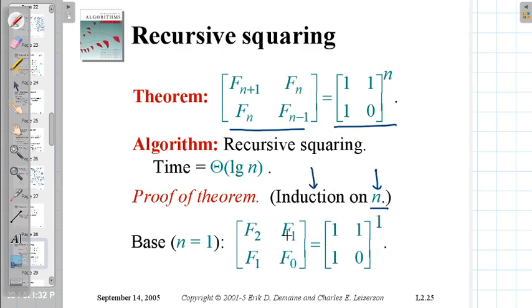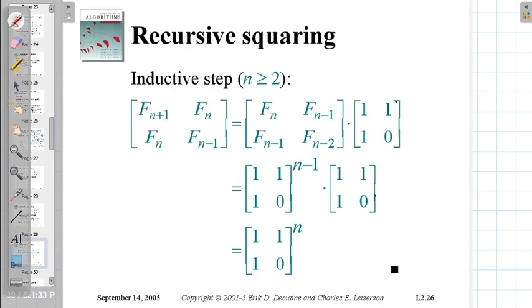If n equals 1, we know this is naively true. 1 1 1 0 whole power 1 is 1 1 1 0, and we have seen already this is f2, this is f1, this is 1, this is 0 by definition. So the base case is passing, and then the inductive step.